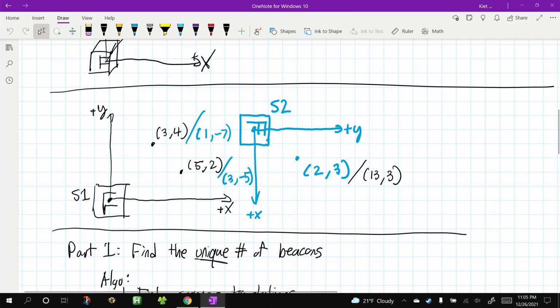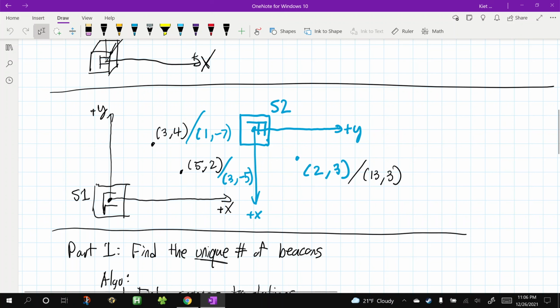In terms of this scanner, the coordinates of these points would be 1 and -7, because the first number here is the x, the second is the y.